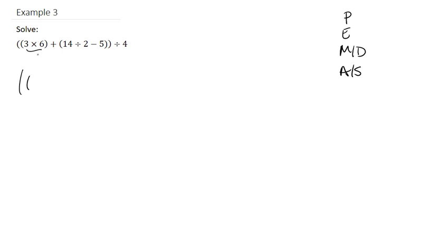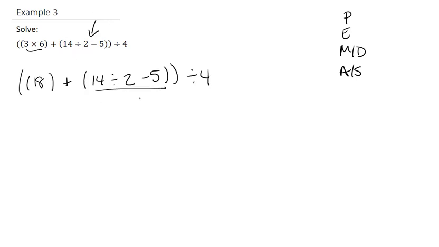3 times 6 is 18. Then on this one, we'll just leave it like this. We'll rewrite it as there's multiple steps. Now, for this, we would need to first look at this and see which ones we need to do first.